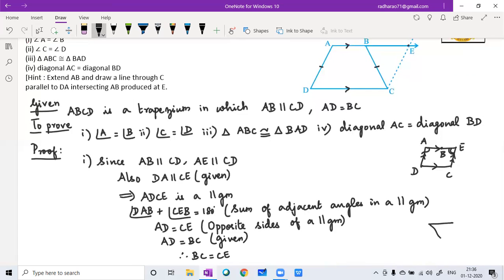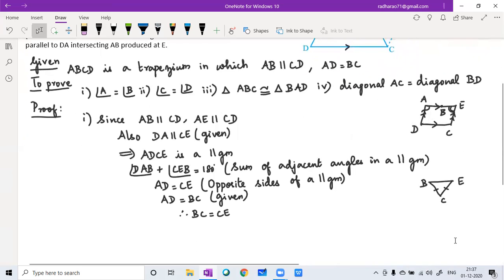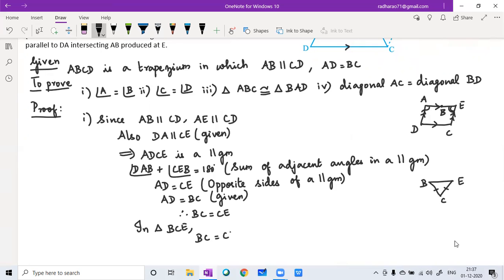Let me take the triangle BCE. Now BC and CE are equal. In any triangle, when two sides are equal, the angles opposite to them will also be equal. In triangle BCE, BC is equal to CE, the angle opposite to BC is BEC, and that is equal to the angle opposite to CE, which is CBE.